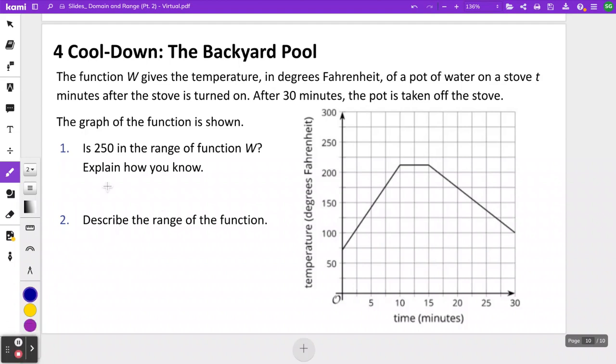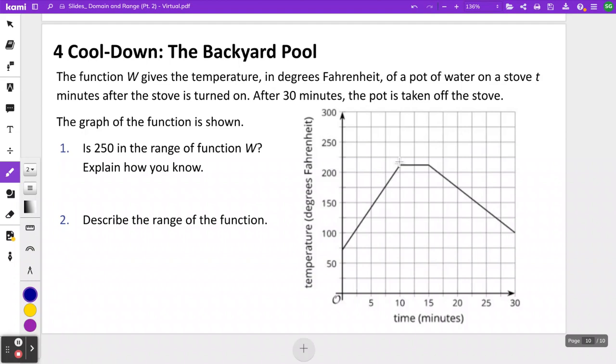For this final question here, the first question is asking, is 250 in the range of function W? If 250 is in the range, that means there's at some point in time a point where the temperature gets to 250, where the output is 250. If I look at this graph, I see the number 250 on my y-axis, but notice there is no point there.